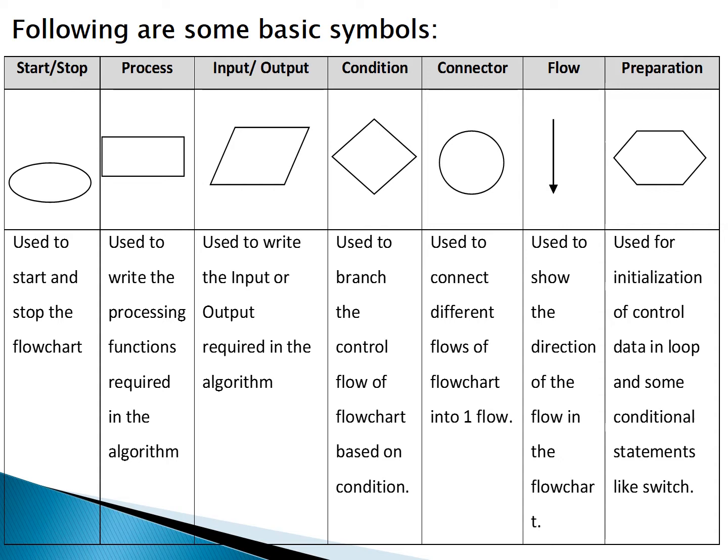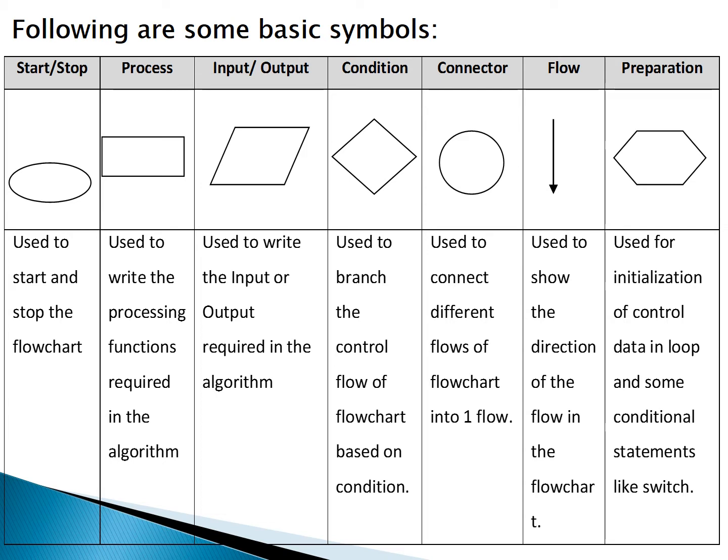For start and stop, we use an oval symbol, used for the start and stop of the flowchart. Then we use a rectangular symbol called process, used to write the processing functions of our flowchart. Then for input and output, we use this symbol, which is used for writing the input as well as the output.